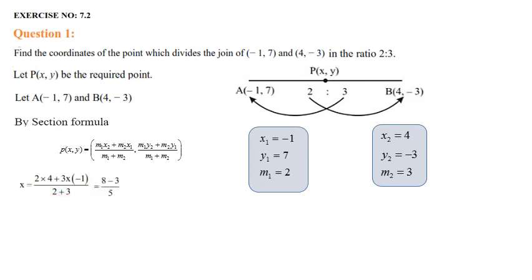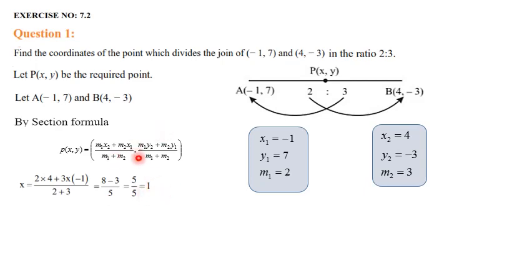Next is only the calculation part: 2 into 4 is 8, 3 into -1 is -3, divided by 3 plus 2 which is 5. So 8 minus 3 is 5, by 5, that is equal to 1. So the x coordinate we have got is 1. Simply substitute, that's all.